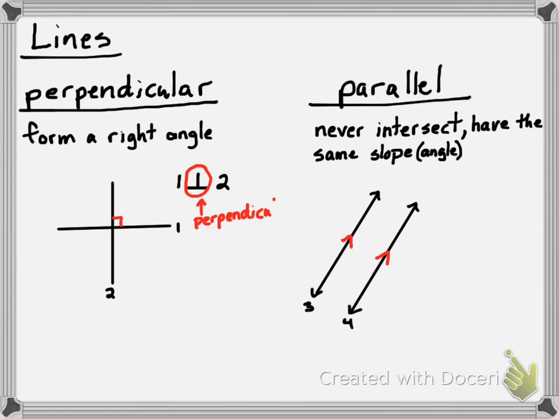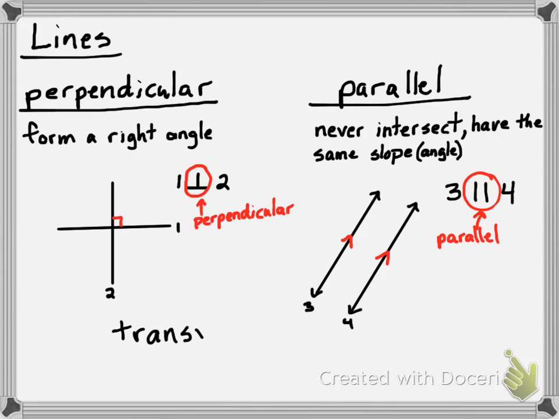Okay, so if you see that symbol, you have to know that it means perpendicular. And the same thing for parallel. Okay, it looks kind of like an 11, right? Well, it's just two parallel lines. That's the symbol for parallel. So line 3 is parallel to line 4. Okay, you have to know these two symbols. You have to be able to read them.